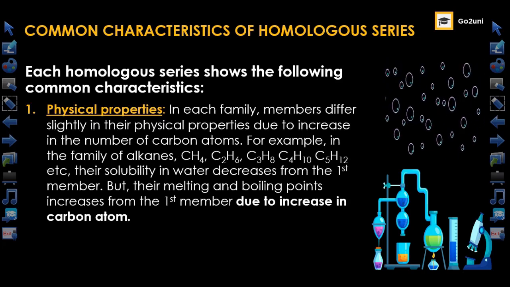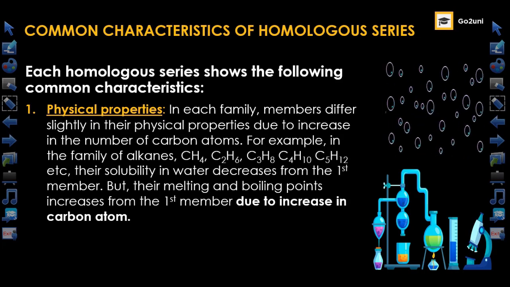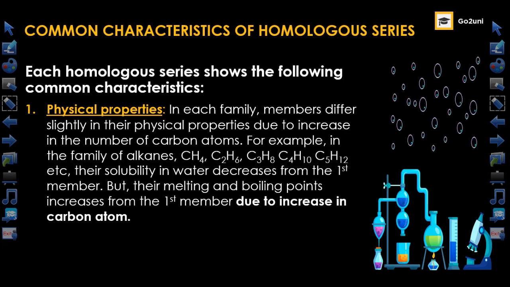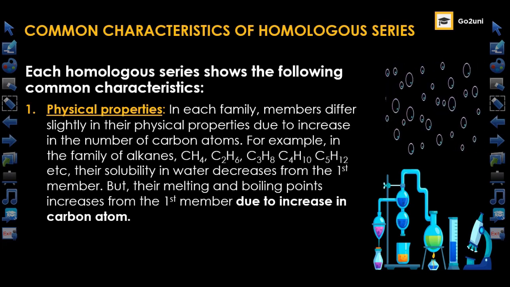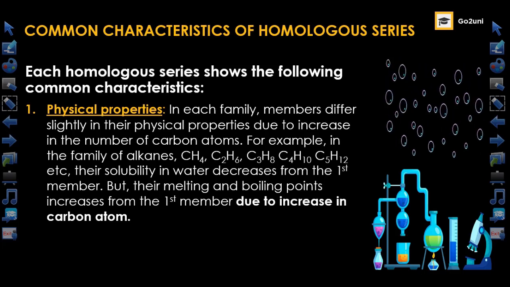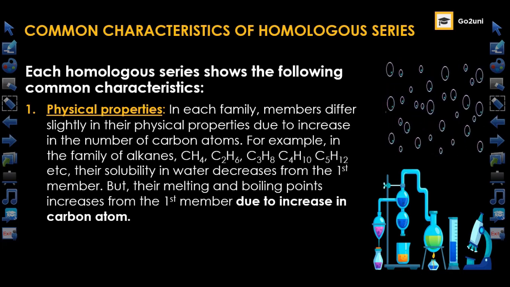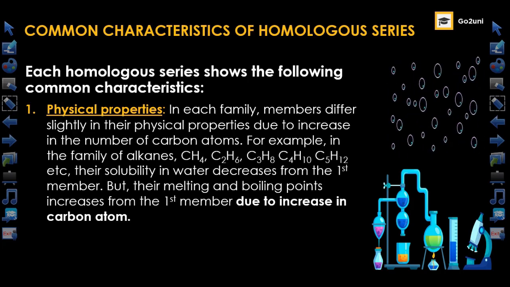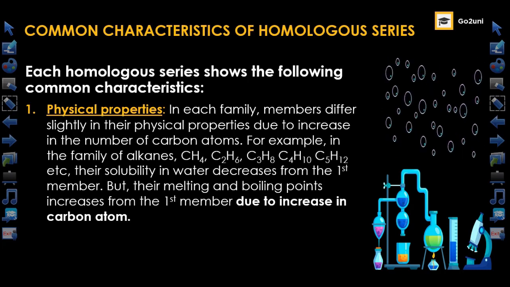The first we shall be looking at is their physical property. In each family of any homologous series, the members differ from themselves in their physical property just slightly. This is as a result of the increase in their carbon atoms. The first member in a given family, for example, may have 2 carbon atoms. The next will have 3 carbon atoms, the next 4, 5, 6, 7, etc. So the member having 2 carbon atoms will have a slight difference from the member having 3 carbon atoms.